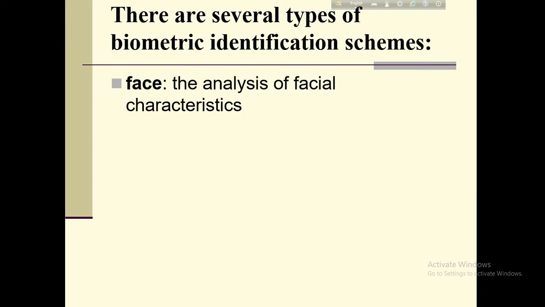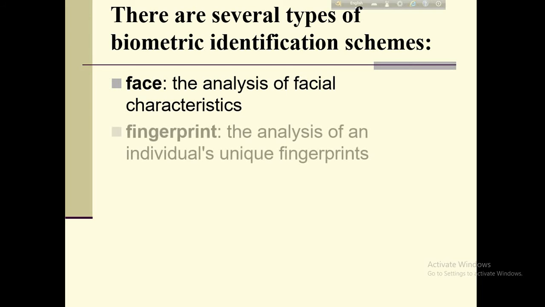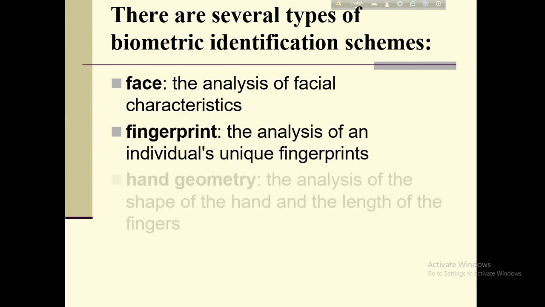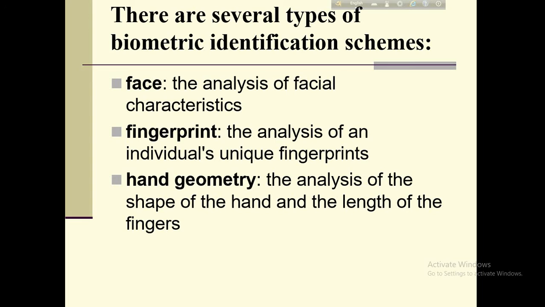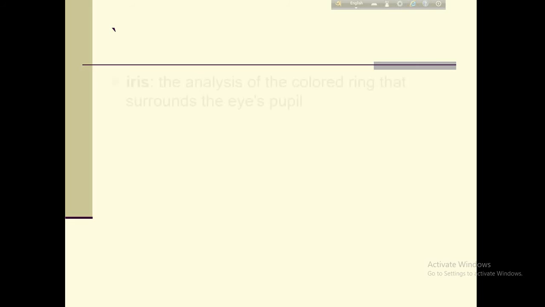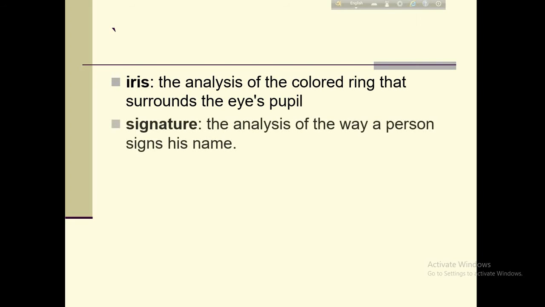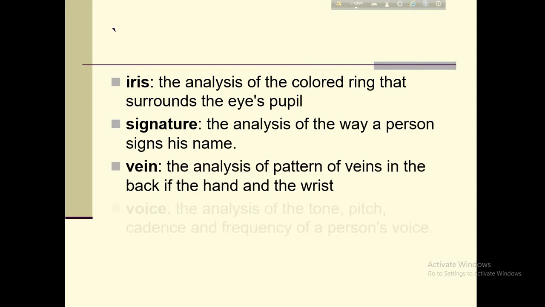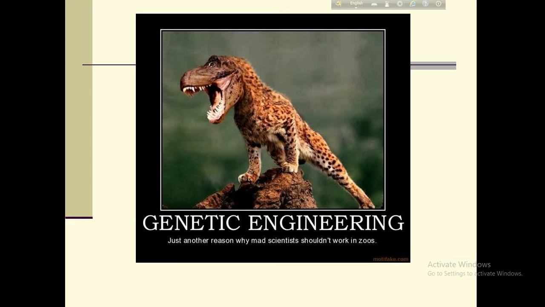Okay, now we will see different biometric schemes like face recognition, fingerprint, which is the most popular one, especially thumbs or other finger information are recorded, hand geometry, and retina of the eye that can be used to identify each person uniquely. Iris, another technique from the eye, signature, vein, voice, etc.